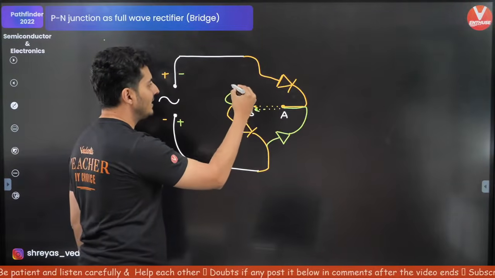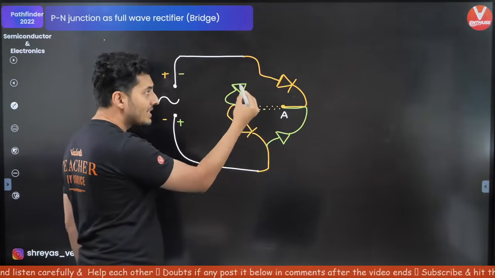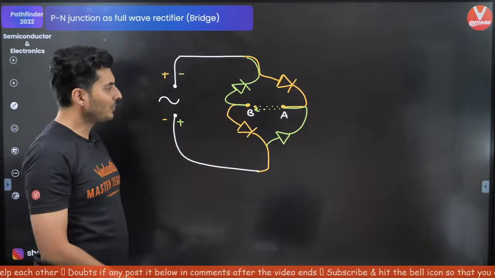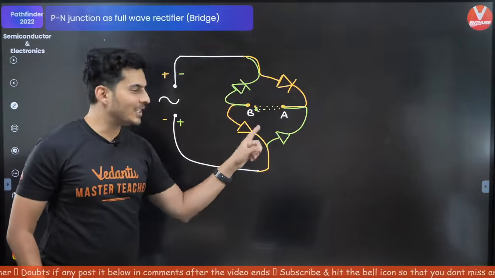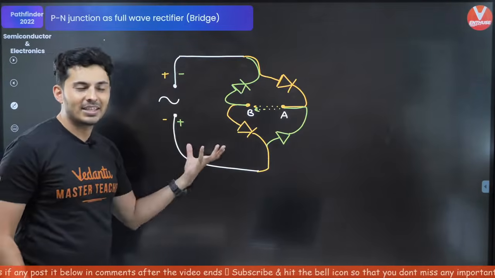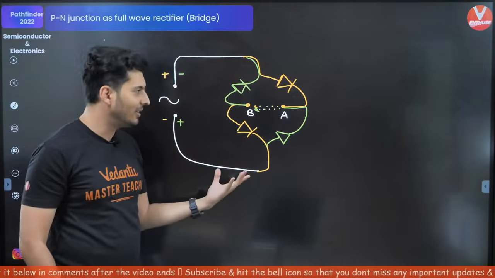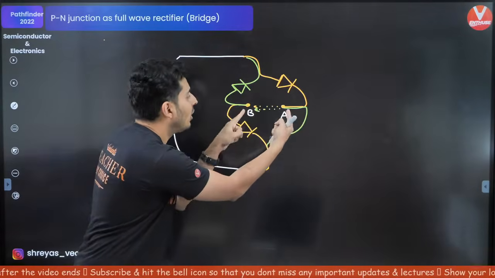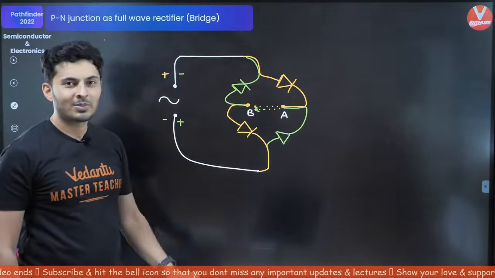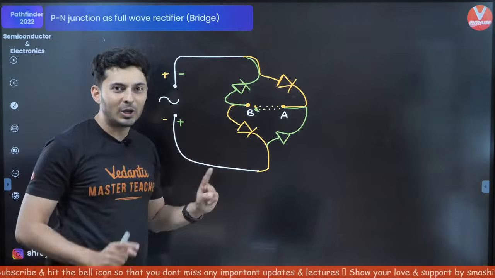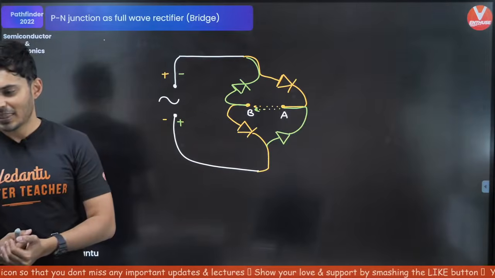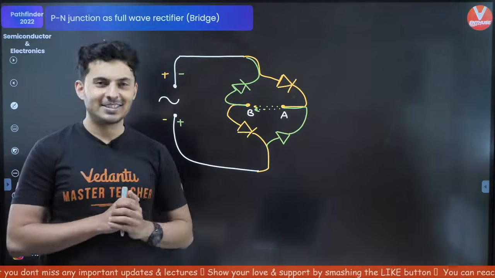So it goes like this into this diode, which is also forward biased, and goes out like that. So during both positive as well as negative half cycle, you have two diodes which ensure the current will always flow from A to B. If the current always flows from A to B, be it positive or negative half, that's a full wave rectifier. Crazy, right?